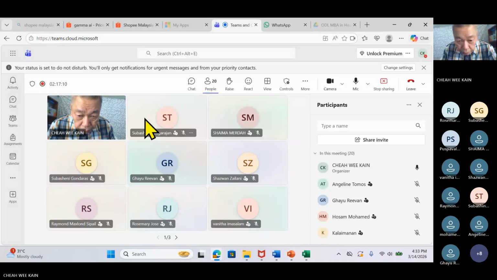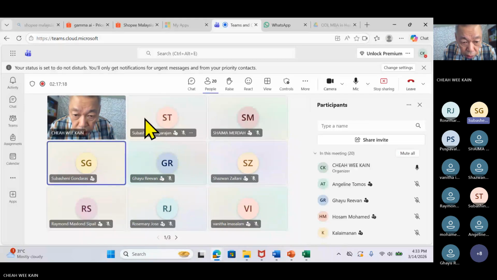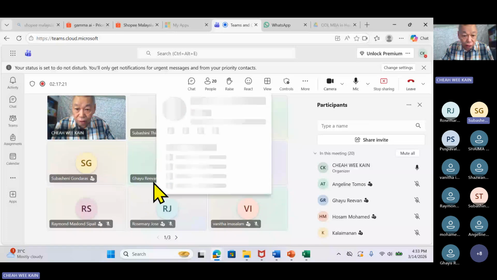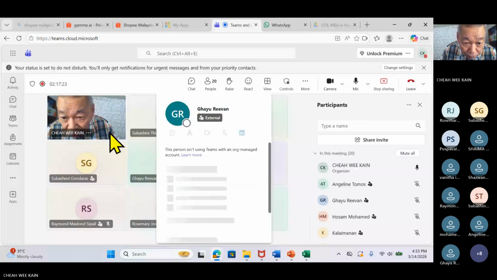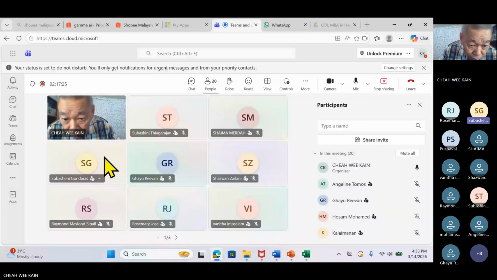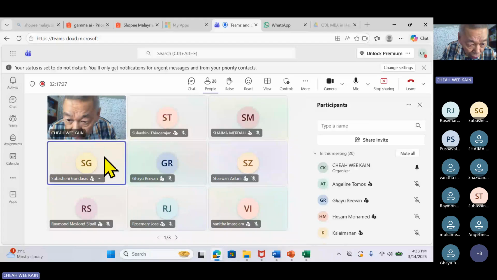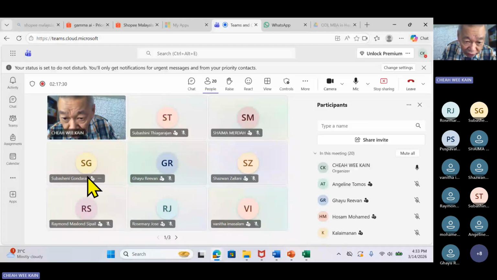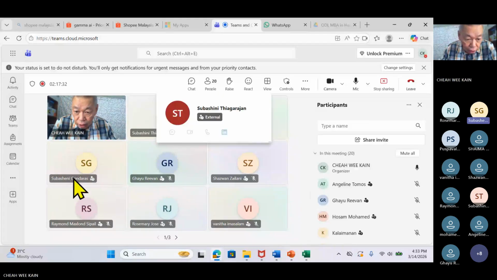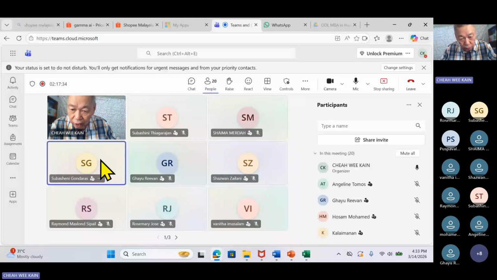Subhashini. Yes, sir. We are two persons with the same name. I'm Shubhashini Gondras. You got Subhashini. Hey, your sister? No, sir. Okay, okay. I will call you SG and the other one is called ST. Okay? Yes, sir. Okay, SG.